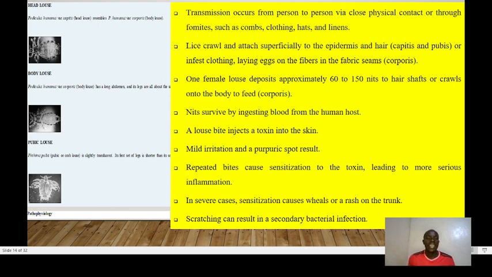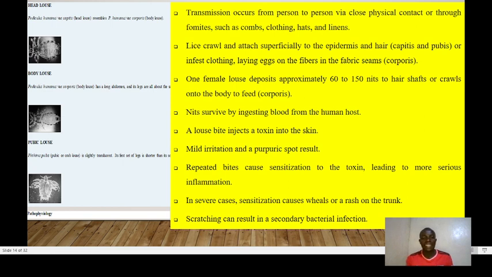So we have the lice, they crawl and they attach superficially to the epidermis and the hair, or infest the clothing, laying eggs on the fibers in the fabric seams. So one female louse deposits approximately 60 to 150 nits on the hair shafts or the fabric and then goes into the body to feed. So nits will survive by ingesting blood from the human host.